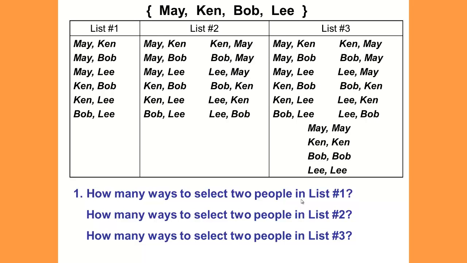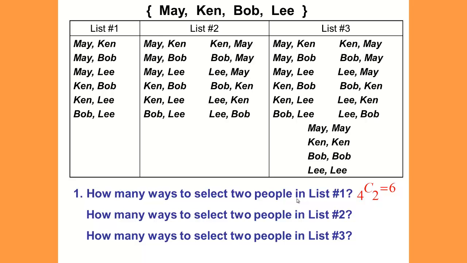Now that we understand the list better, let's answer some questions. How many ways are there to select 2 people in list 1? Just to reiterate what we said before, list 1 is the combination, so that is going to be 4C2, or 4 combinations of 2, which is 6.